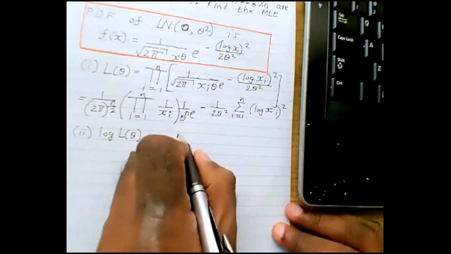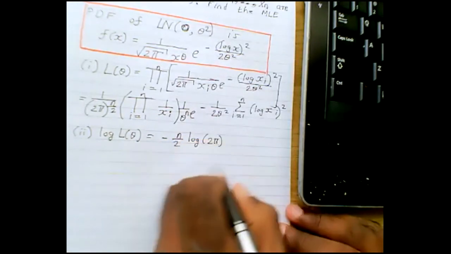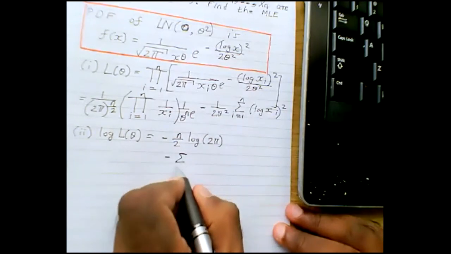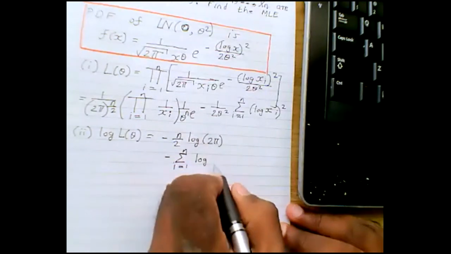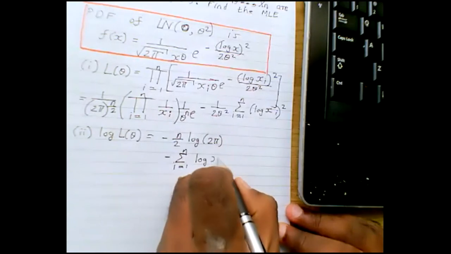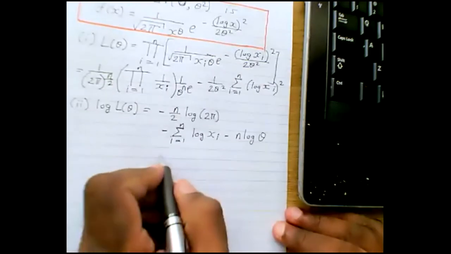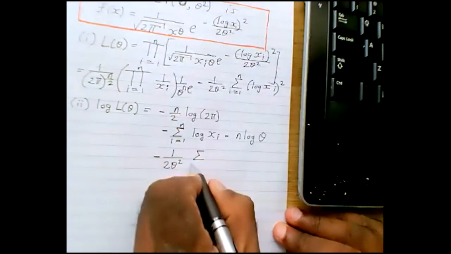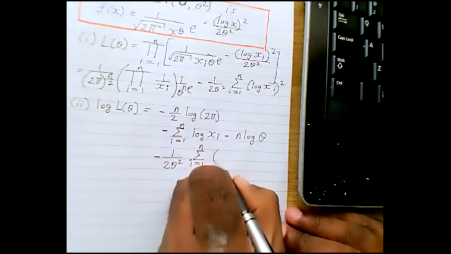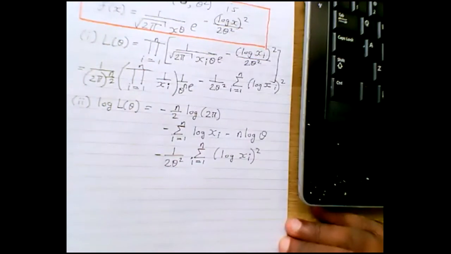You get minus. All right, guys, so this is the log of the likelihood function.